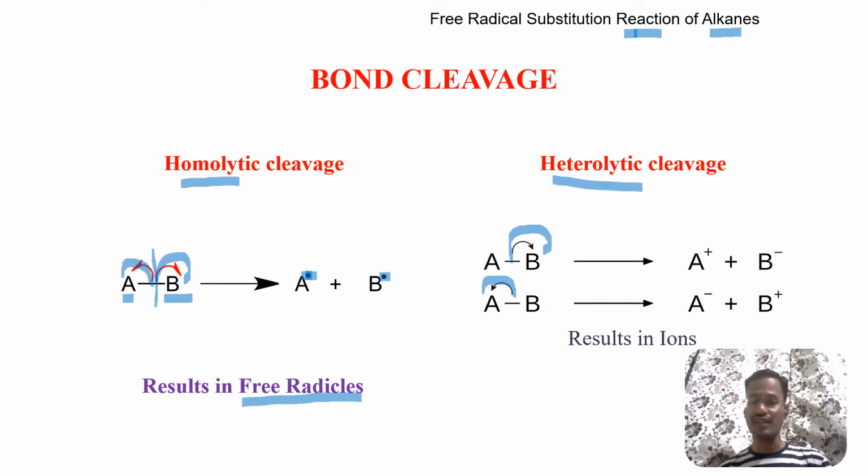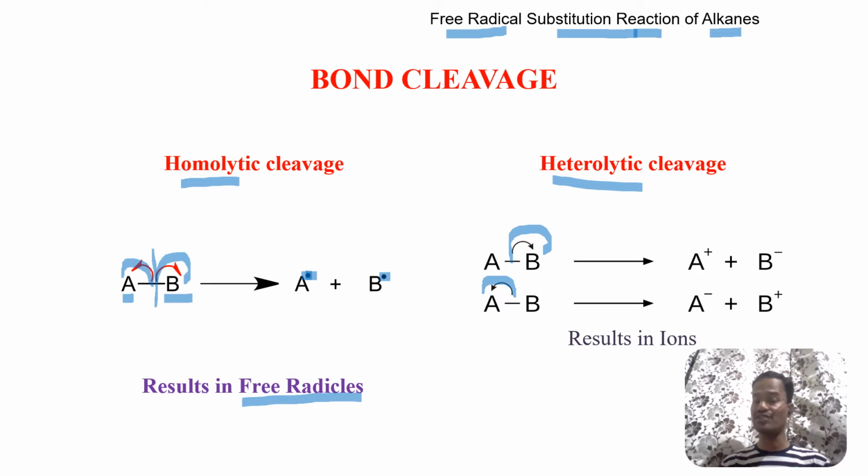A substitution reaction is nothing but when an atom or group of atoms has been replaced by another atom or group of atoms. And a free radical is a reactive species which is formed upon homolytic bond cleavage. So today in our reaction, we are going to see free radicals, and these free radicals are going to substitute an atom or group of atoms in our alkanes. So this is called free radical substitution reaction of alkanes.